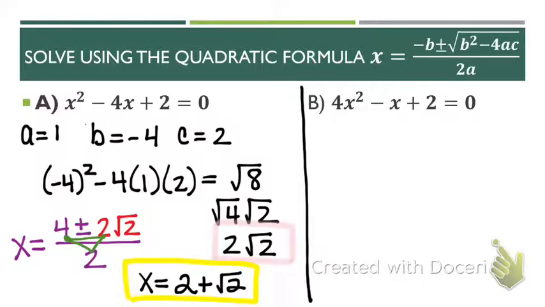That should be a subtraction. So this is the negative and that's subtraction. Okay. All right, so A is 4. B is, what's B? -1. C is 2. So go ahead and type this in.